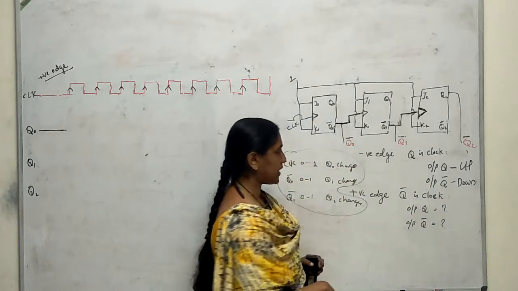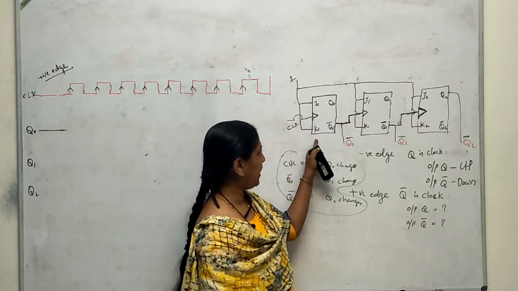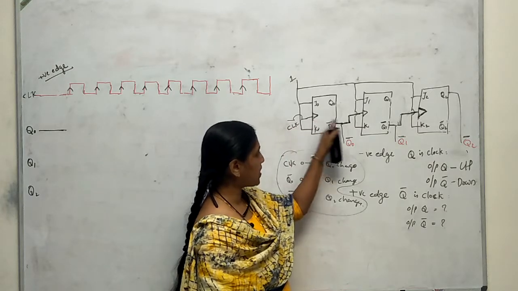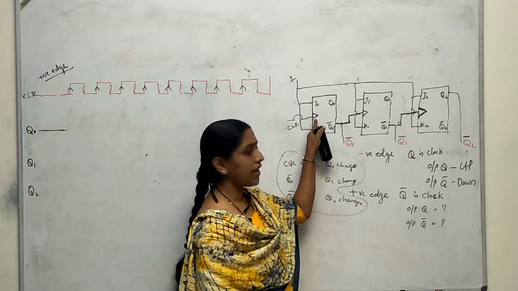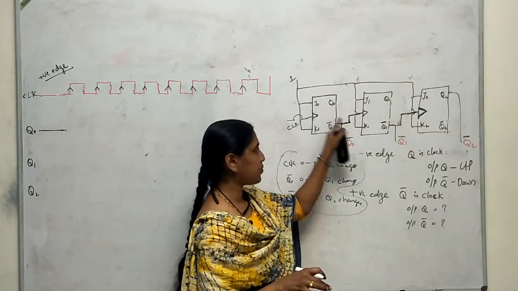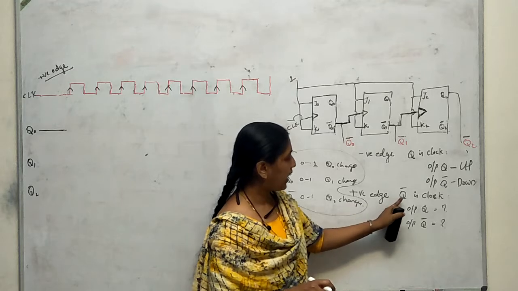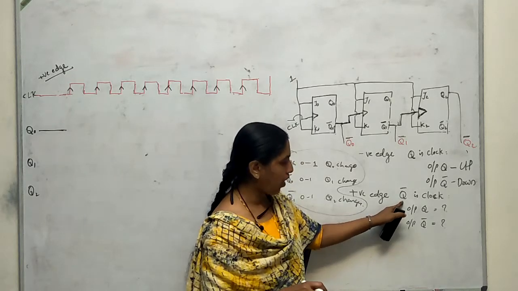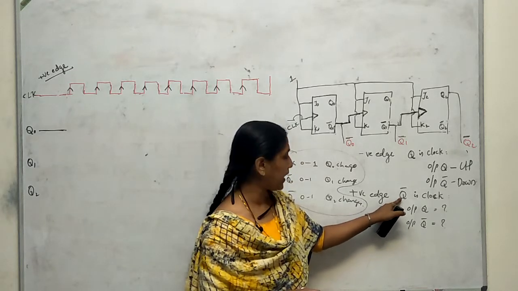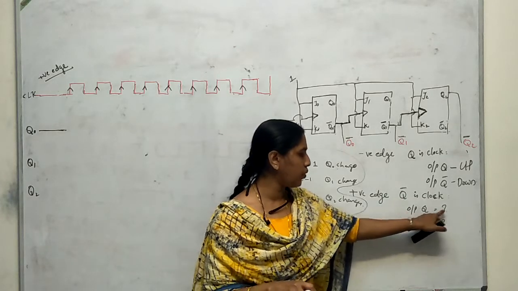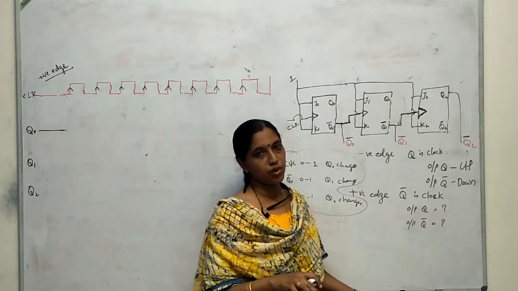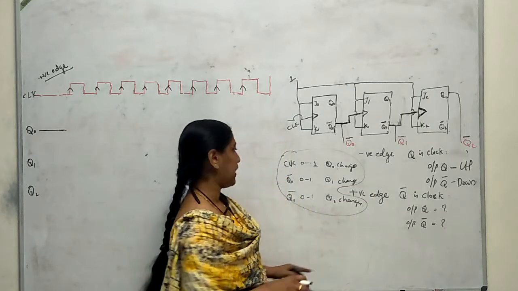Now I am going to design a different circuit, using positive edge triggered clock in every flip-flop, and you can see I have removed the bubbles. I am giving the clock from the Q bar output. So what happens if I take output from Q, and what happens if I take output from Q bar? That is what we have to see.